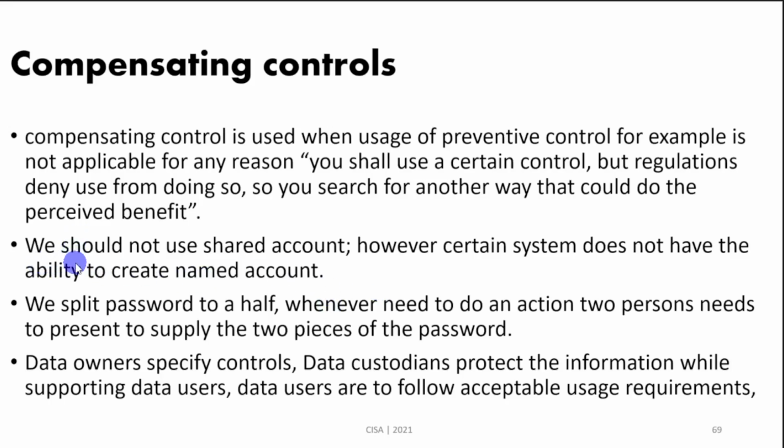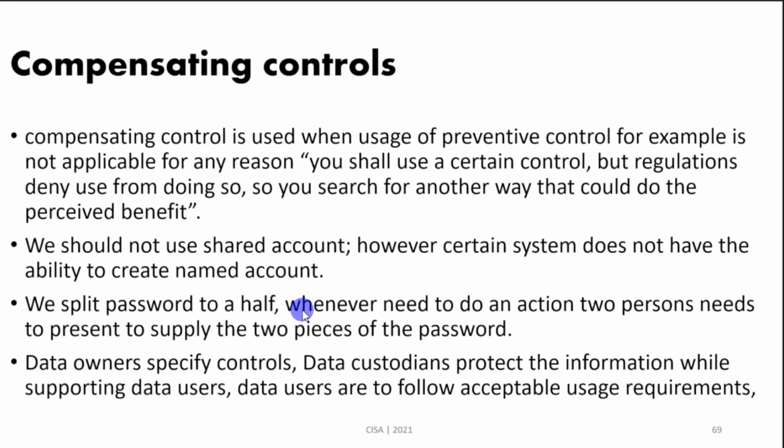For instance, we can find this example here. We have a system, and in our policy we should not use a shared account. A shared account means that you have a system with a single username. However, our policy does not approve this, and this system unfortunately is a legacy system and doesn't have the ability to create named accounts, an account for every member of the team.